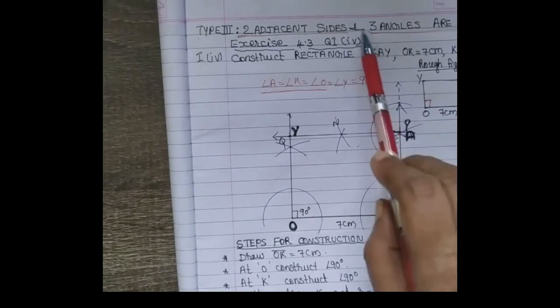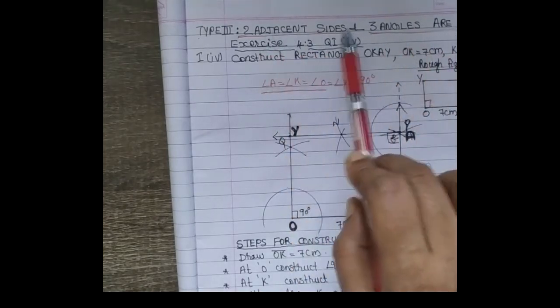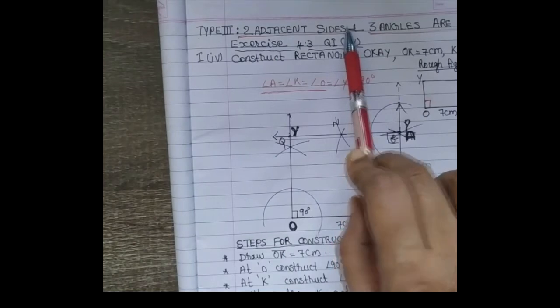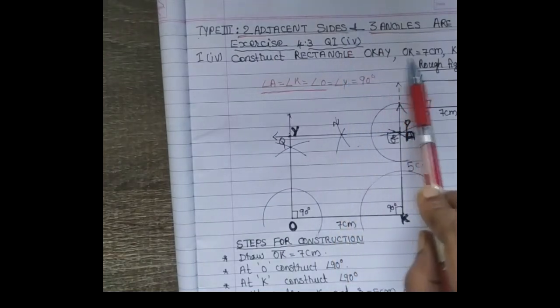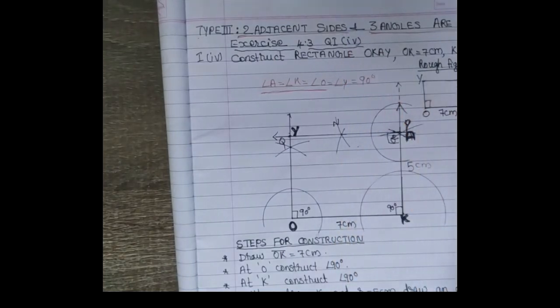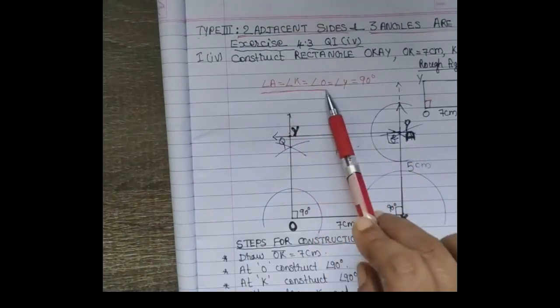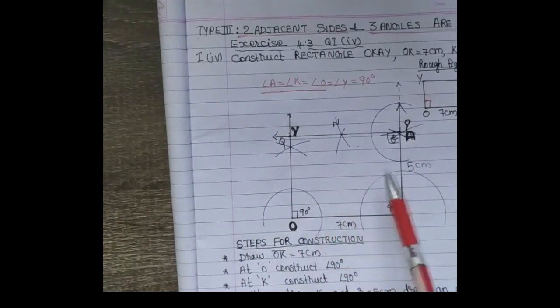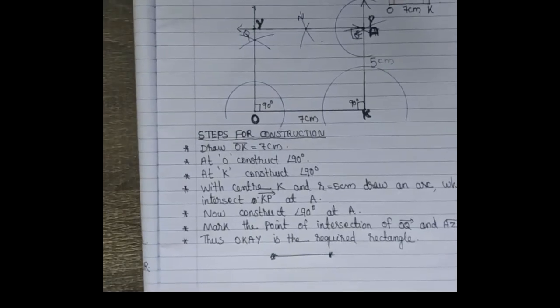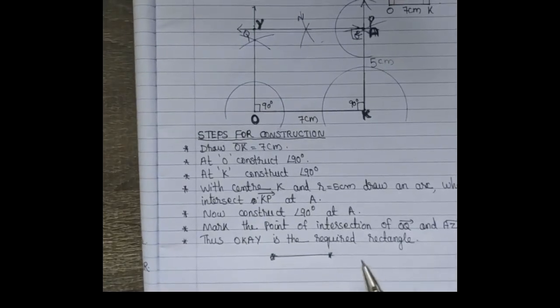We want here 3 angles. 2 adjacent sides are already given. So the adjacent sides are OK and KA. And the 3 angles we have chosen are angle A, angle K and angle O. Thus we have constructed the required rectangle. So these are the steps for construction.